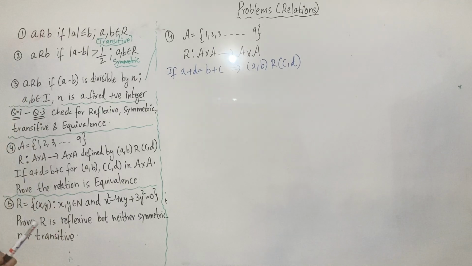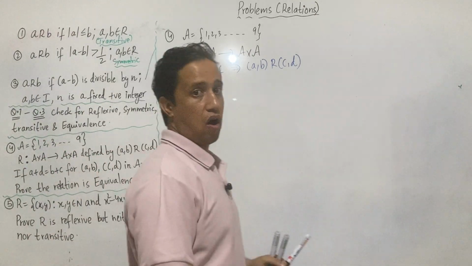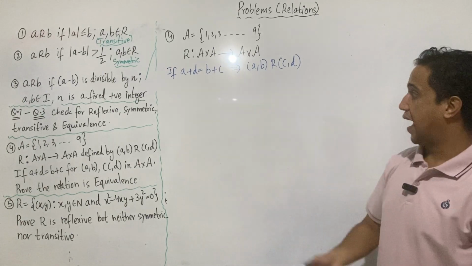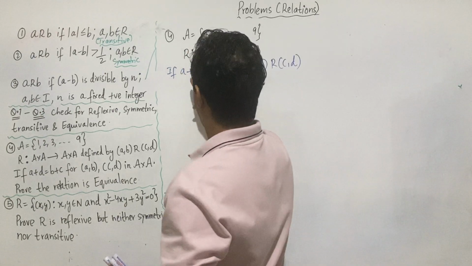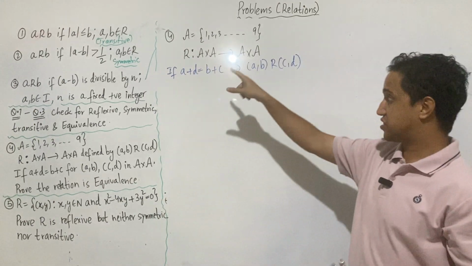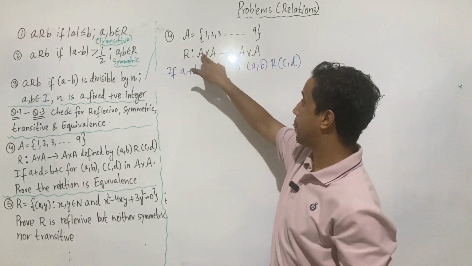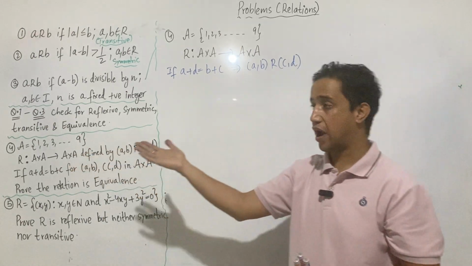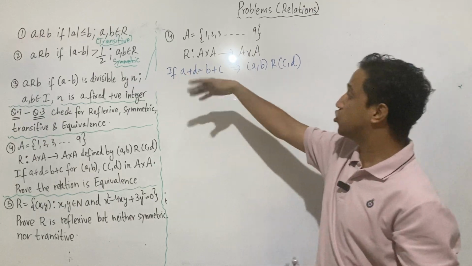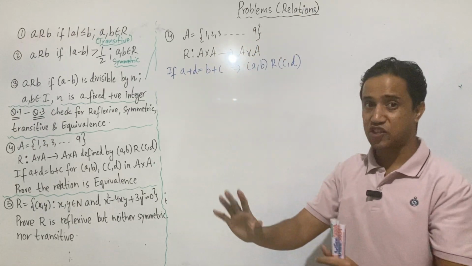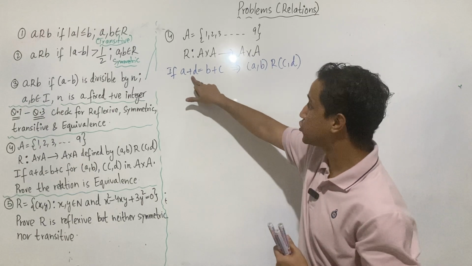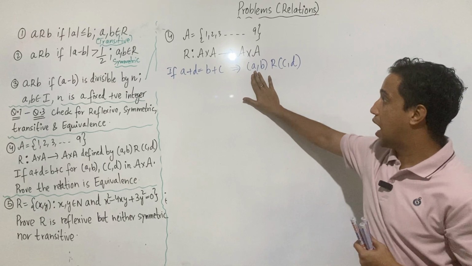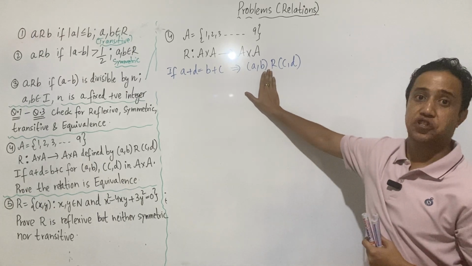It says that R is a relation that is applied on A cross A, right? On set A cross A. And all the elements that are going to be in A cross A to A cross A, all those elements which follow this condition, then we can say that AB is related to CD.